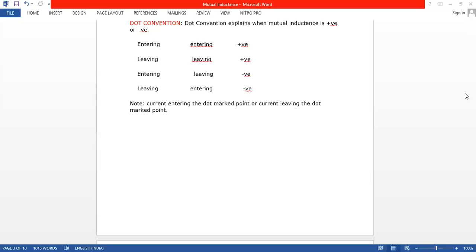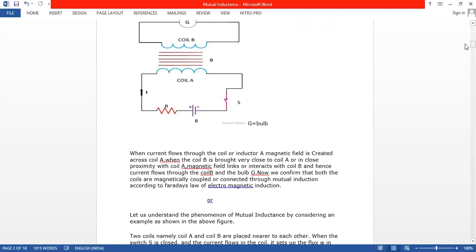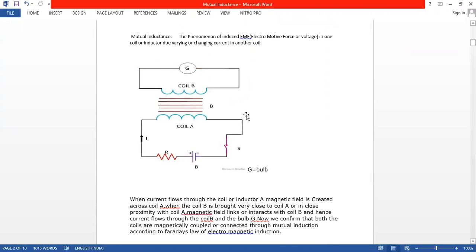Why are we using the word induction? When we have to use the word induction, you see, if magnetic energy is shared between the coils, then we have to use the word induction.